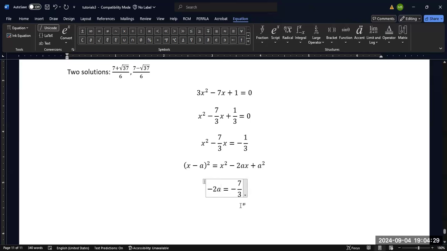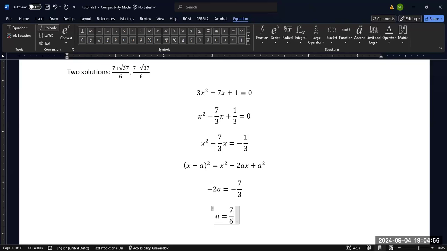So negative 2a is equal to negative 7/3. So I'm going to divide out the negative 2. And if I divide both sides by negative 2, I'm going to get a is equal to 7 over 6. So the negatives are going to cancel, and then I'm essentially multiplying by a half on both sides to divide by 2, and so I get the 7 over 6.